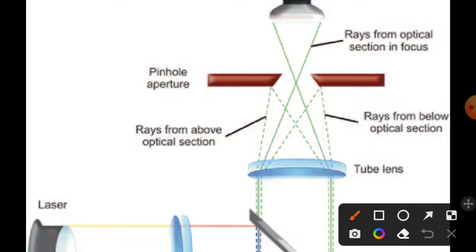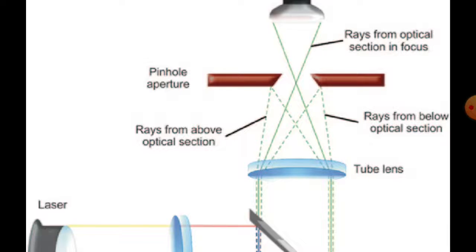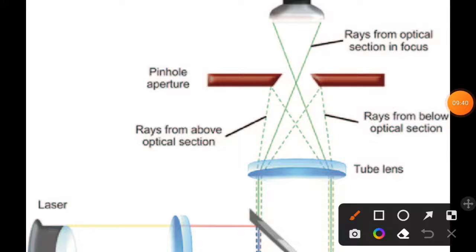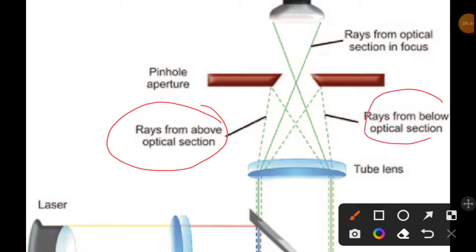Again, the pinhole will eliminate the rays which are coming from parts of the specimen that lie above or below the plane of the focus. That is what this image also shows: the rays from above the optical section, and rays from above the plane of the focus are similar words, so don't get bothered about this.